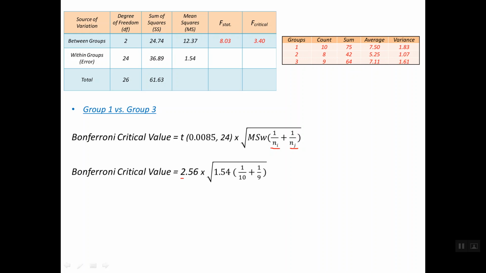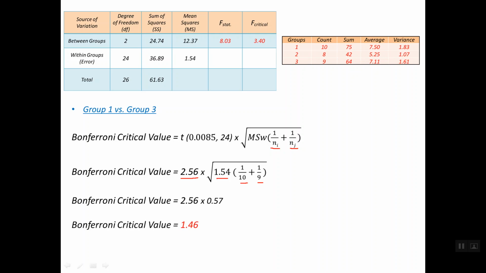So this is the value of the t, and this is the mean square within, and this is the value of the sample size for group 1, and 9 is the sample size for group 3.